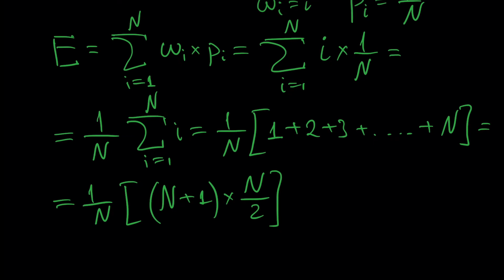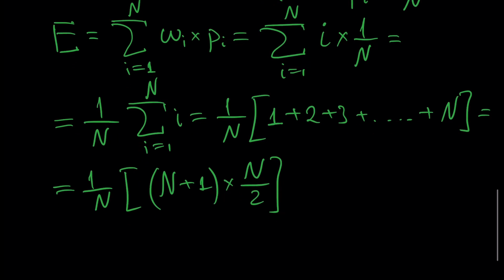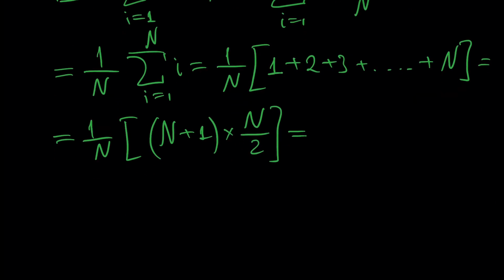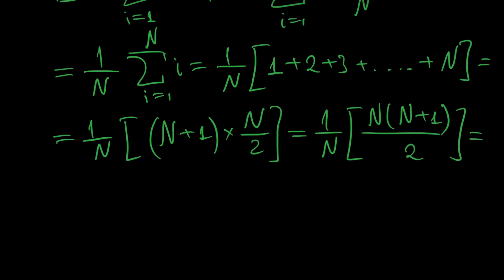So when we have the summation 1 plus 2 plus 3 and so on up to n, like in the previous problem, we can write it as n plus 1 times n divided by 2. This is easy to prove. If you don't understand, watch our previous problem. And this is, of course, 1 over n times this.